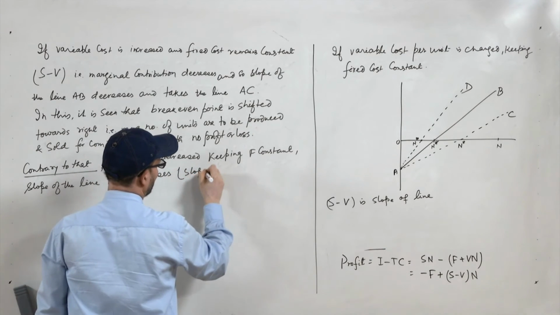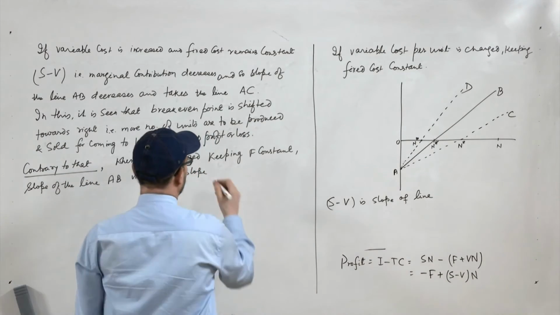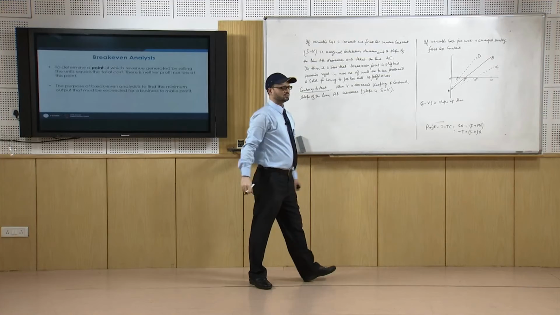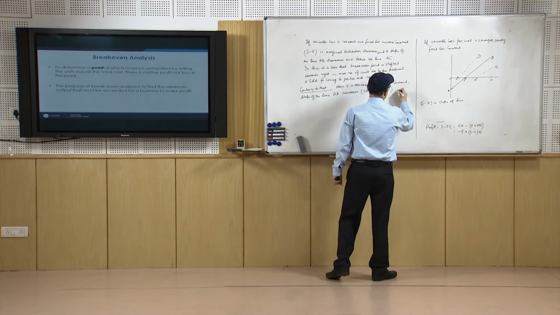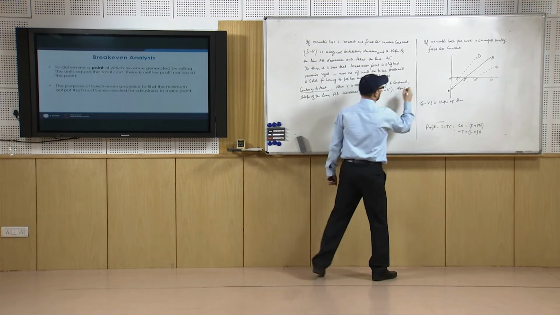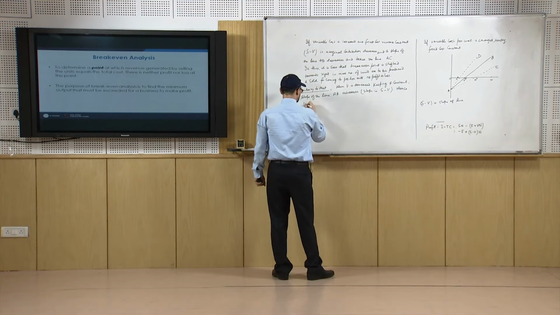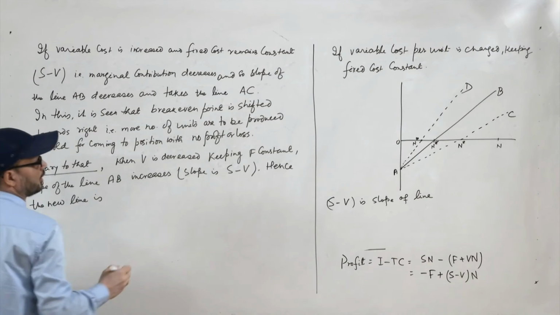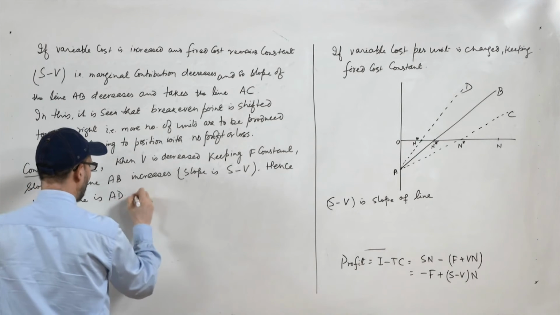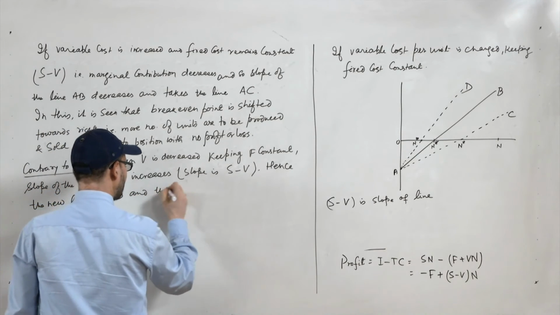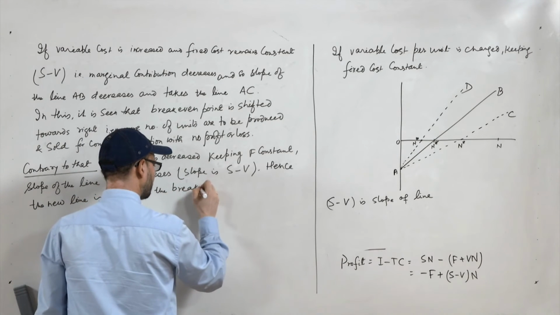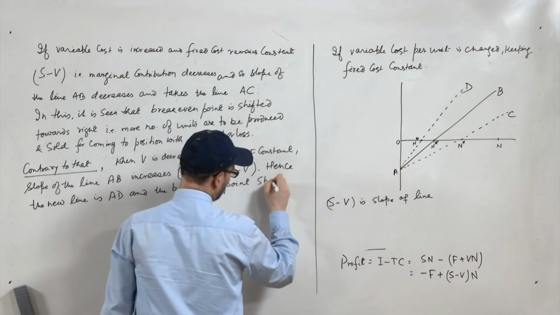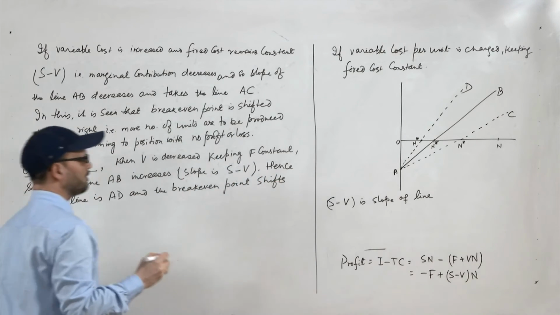The slope is S minus V. Hence, the new line is AD and the break even point shifts towards the left.